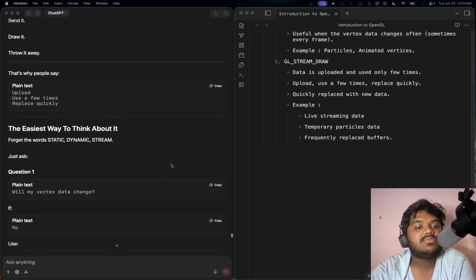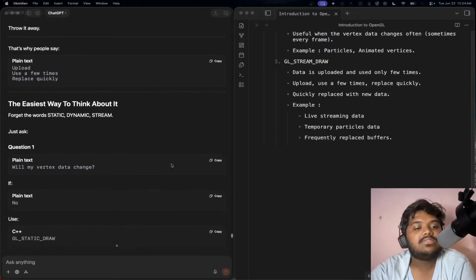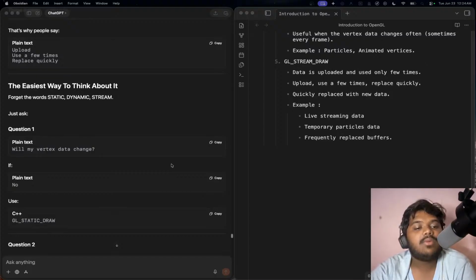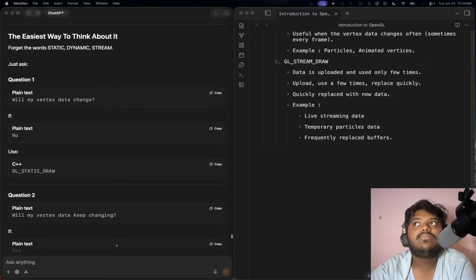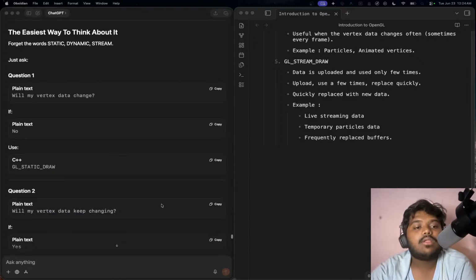The easiest way to think about it: forget the words static and stream. Just ask one question: will my vertex data change? If no, use GL_STATIC_DRAW. So we do need static.